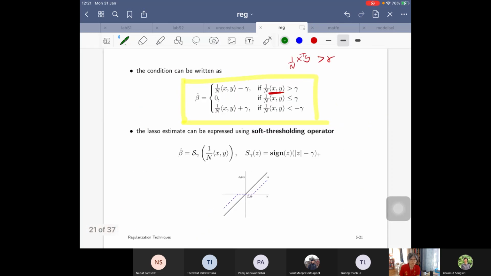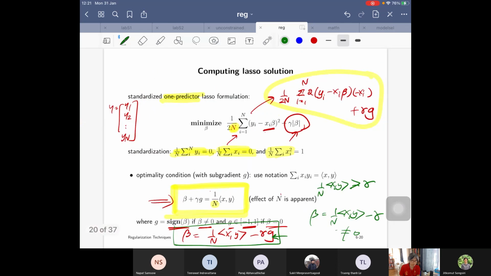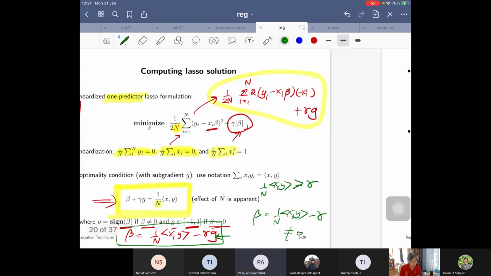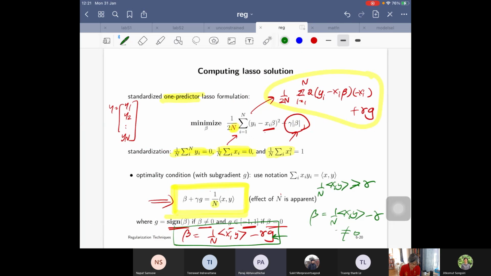Everyone follow this? I'm confusing a little bit. Okay, let me repeat it again. This optimality condition says that it depends on g, and g also depends on the optimal beta. If the optimal beta is non-zero, g is the sign.